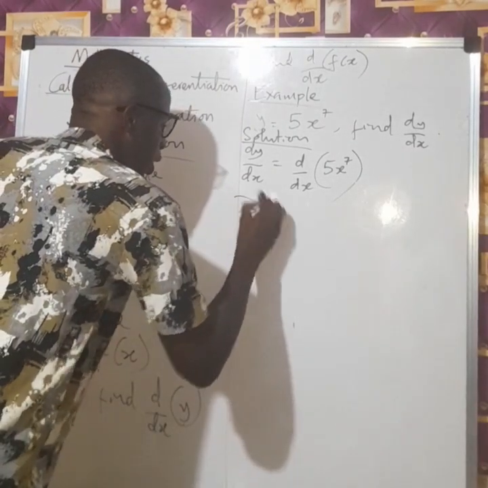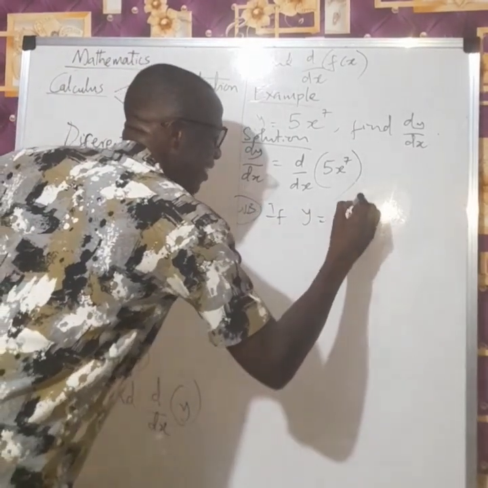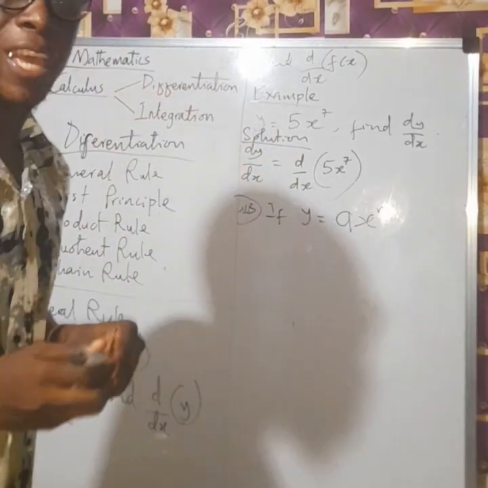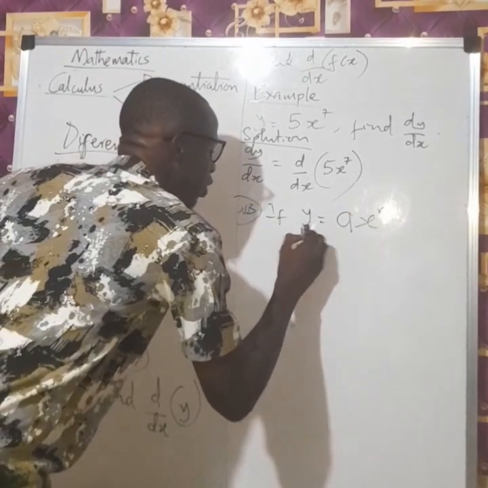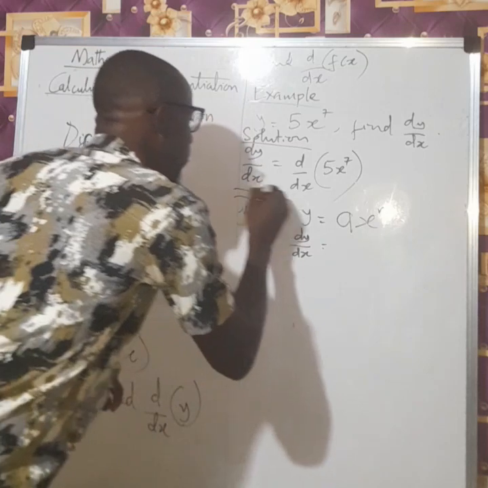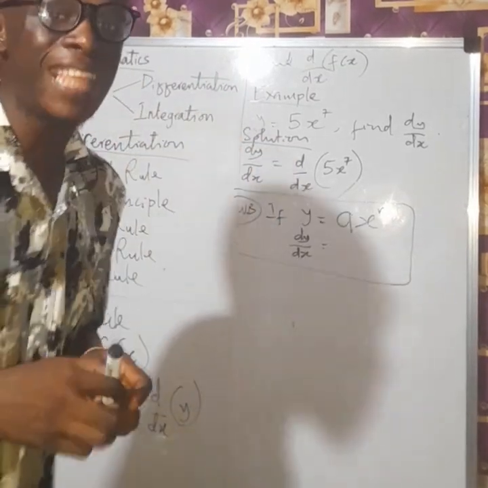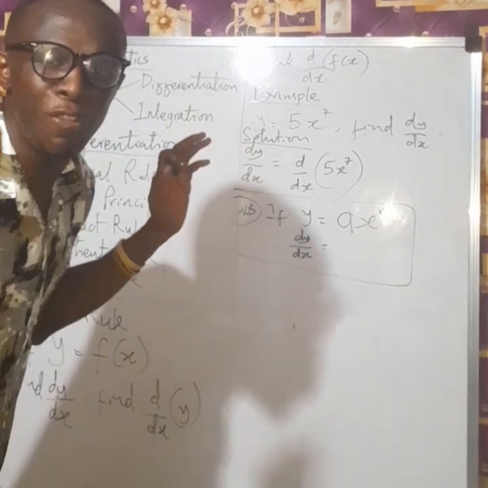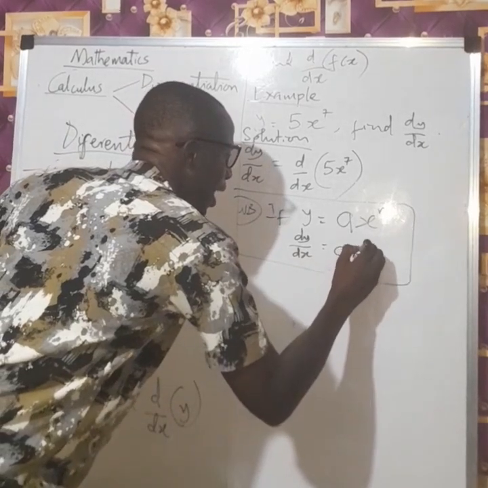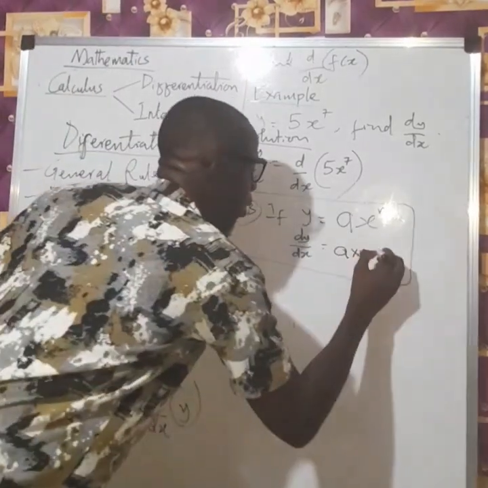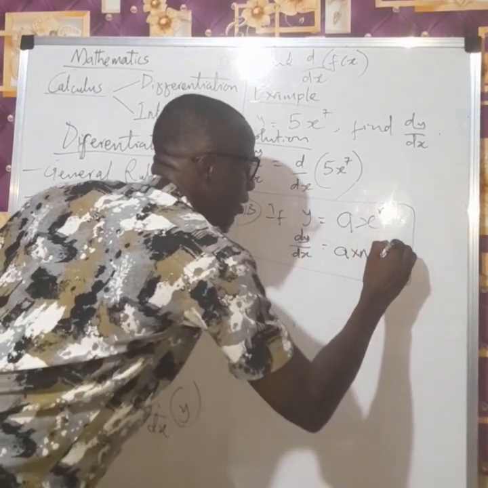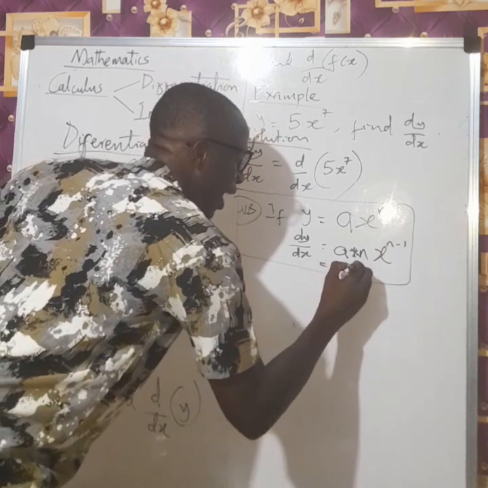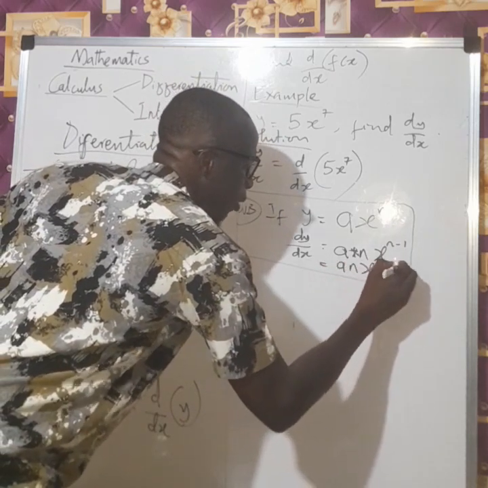If y equals ax raised to the power n, the dy dx of this is simply, please take note of this part, this times this: a times n. Then x raised to the power, you subtract 1 from n, n minus 1. That is the end. Your answer is a n x raised to the power n minus 1.